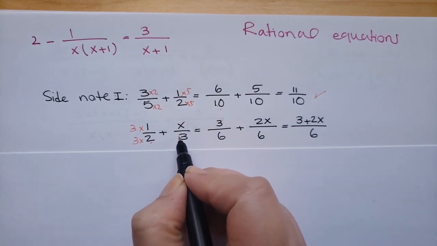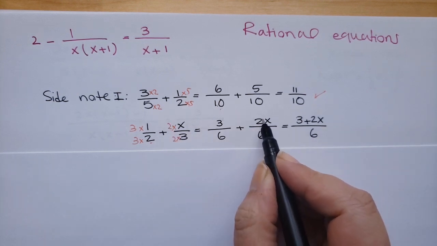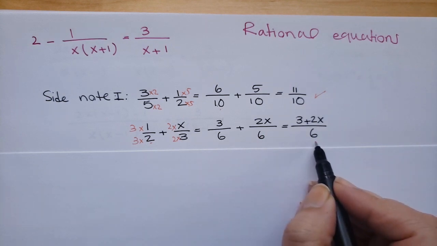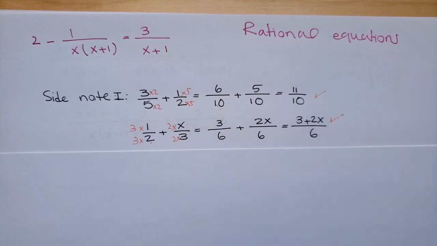The second one is multiplied by 2, so this one should be multiplied by 2, so it turns into 2x over 6. Now I can simply add them together: 6 in the denominator, and 3 added to 2x in the numerator.